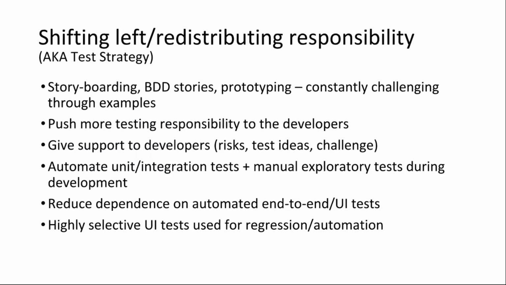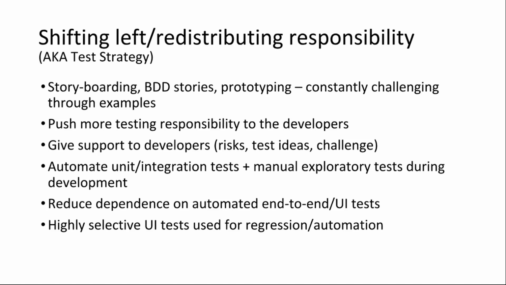So just to step back again on this whole shift left idea, I've said shifting left is a strategy, moving testers from a team at the end of the process to embedding them with developers to take full part in the collaboration activity. What we can do is, yes, we're going to do storyboarding and challenging and so on and so forth.